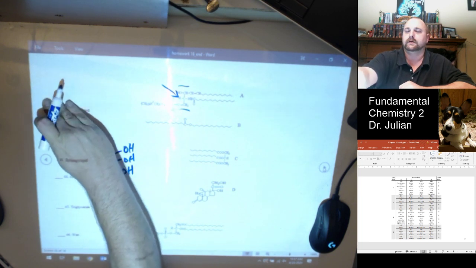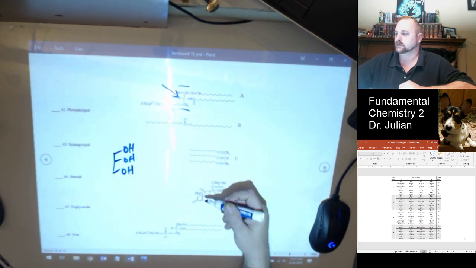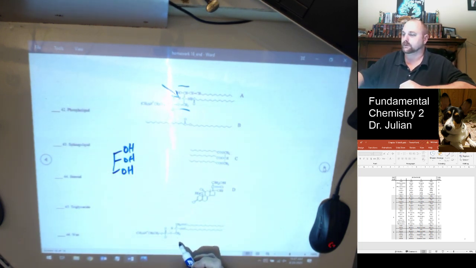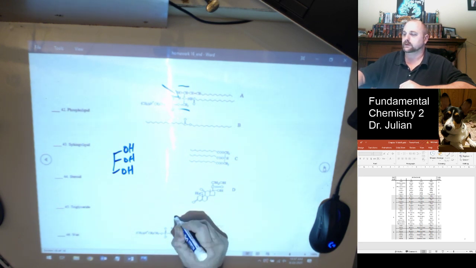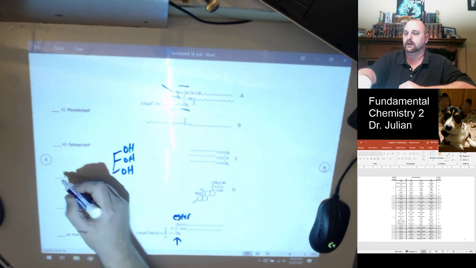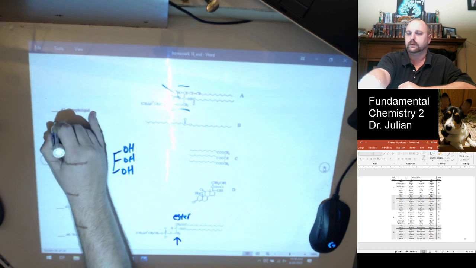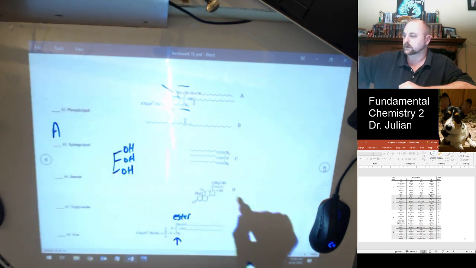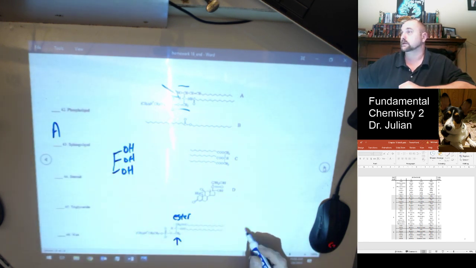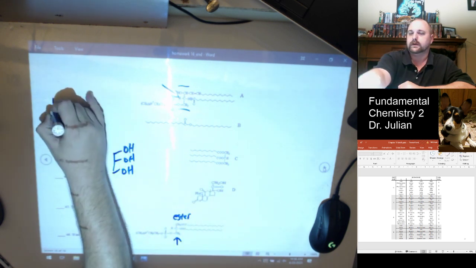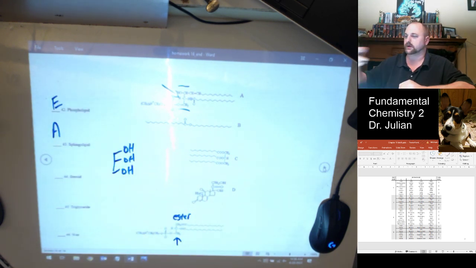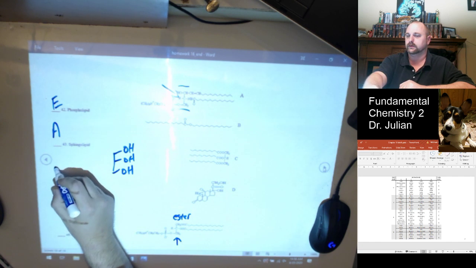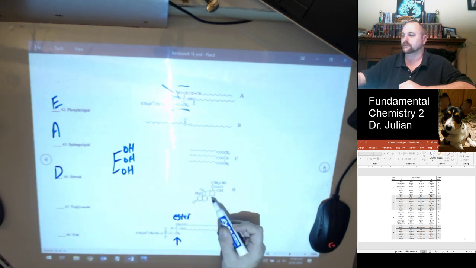That's not A. We've got phospholipid. Here's that structure, my ester linkages. So this is my phospholipid, and I guess this is E, and that's E up there. Steroid is this distinct pattern: 1, 2, 3, 4 rings.